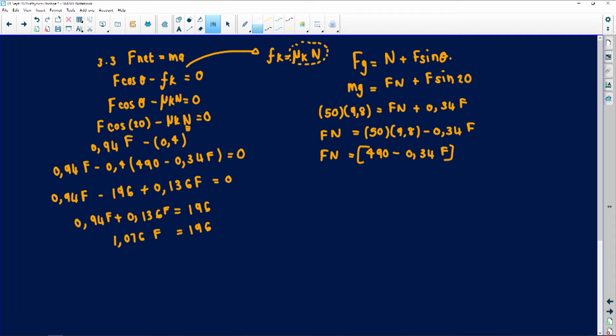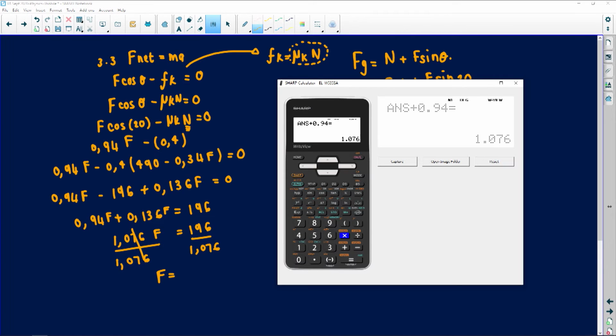196. Now, I want to get my F by itself. To get F alone, I'm going to divide both sides by 1.076. This and this will cancel, leaving me with only my F. Let's see what I get. So I'm going to say 196 divided by 1.076.